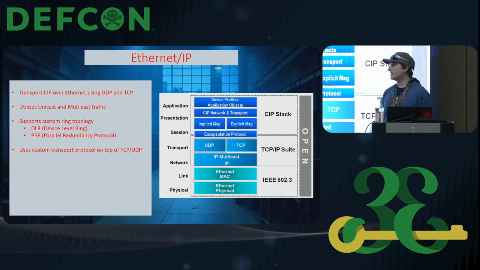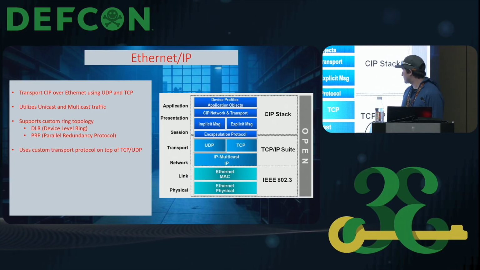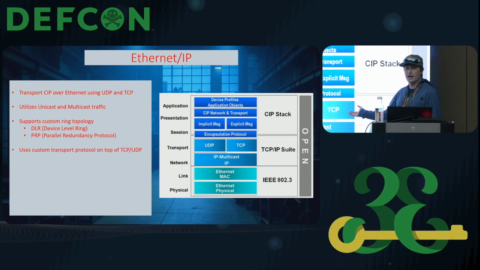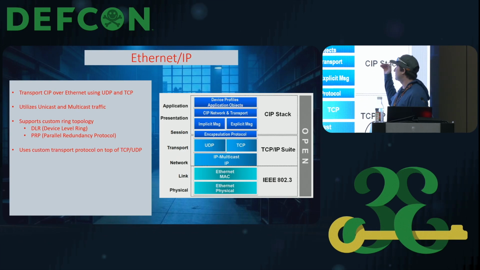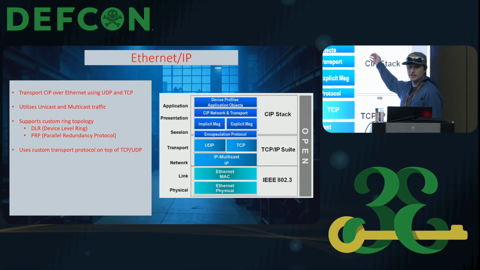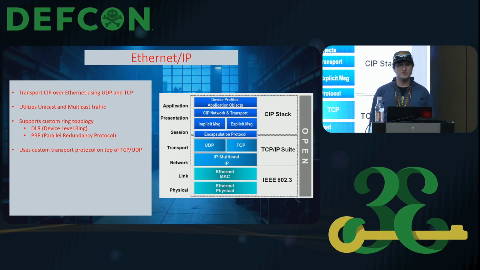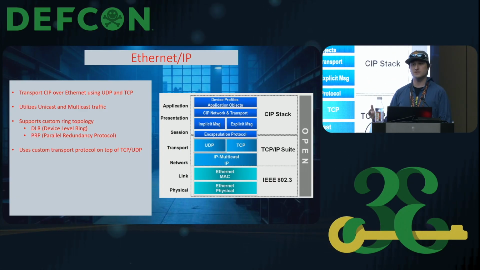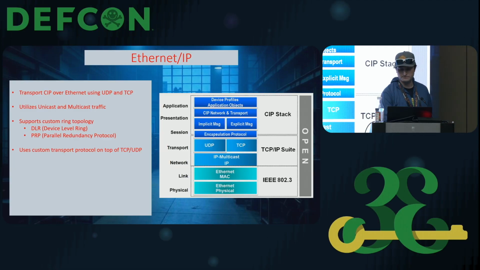So when running on Ethernet-based networks, yes, you're taking advantage of TCP routing, but you're also taking advantage of CIP's network capabilities, such as CIP routing. And then finally, you have your application objects, your device profiles. These are actual C++ objects executing in the firmware of these devices that CIP hooks into, and that actually gives you the functionality for the protocol, and we'll talk about that.